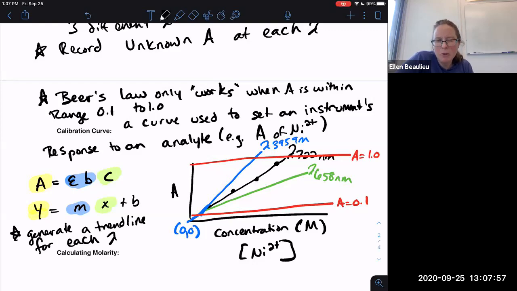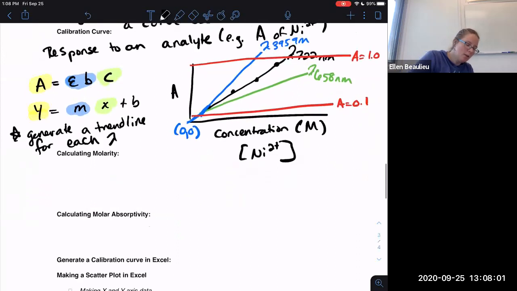The Excel how-to videos should show you how to do those. Let me show you what you're going to do with the trend line. So again, y equals mx plus b. That's definitely true. So your trend lines that you generate for this experiment are going to be in the format of y equals mx plus b.